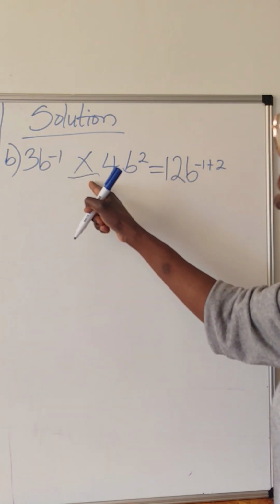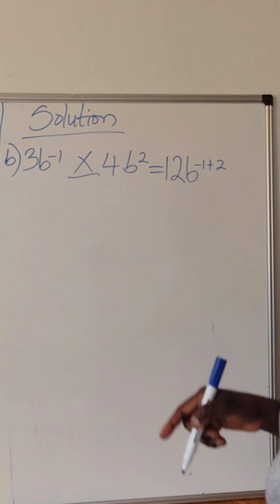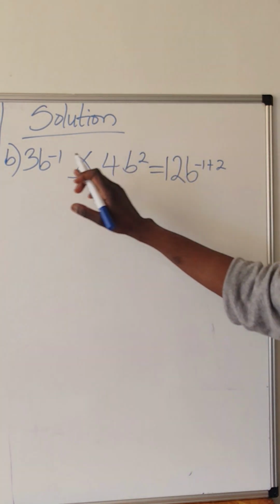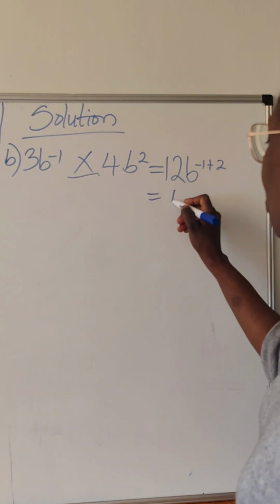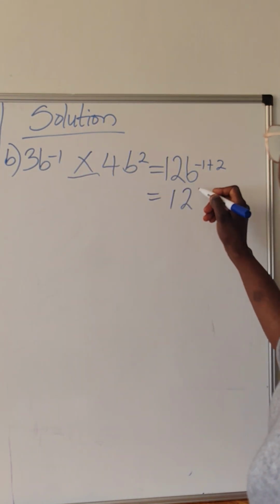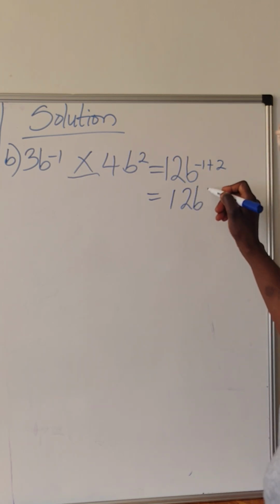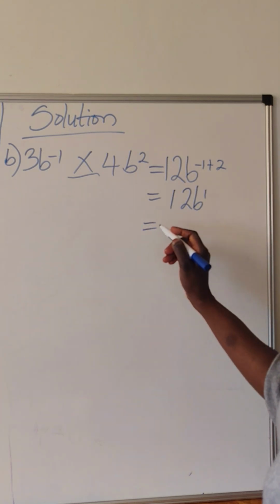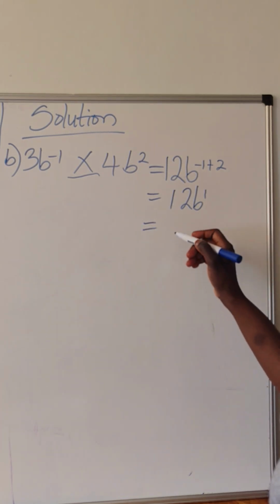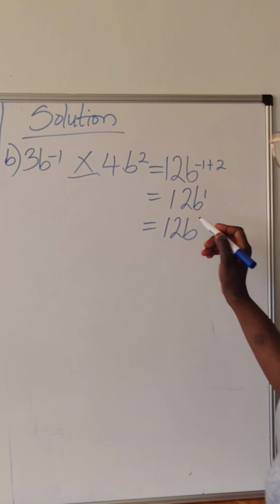Because we have multiplication here, the power will be added since the bases are equal. So we have 12b, minus 1 plus 2 will give us plus 1. And b raised to power 1 is the same thing as b. So the final answer is 12b.